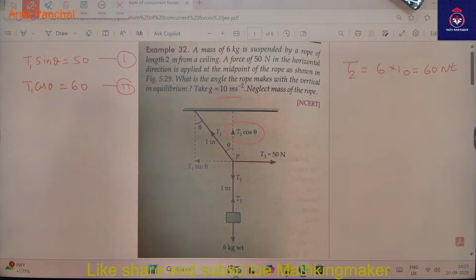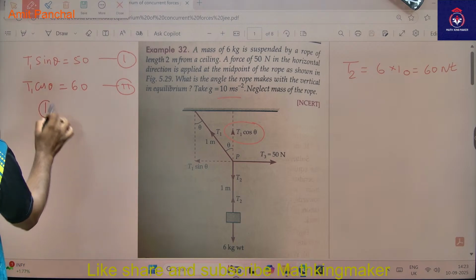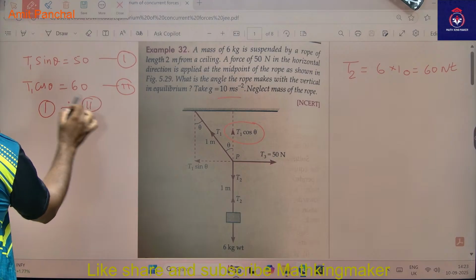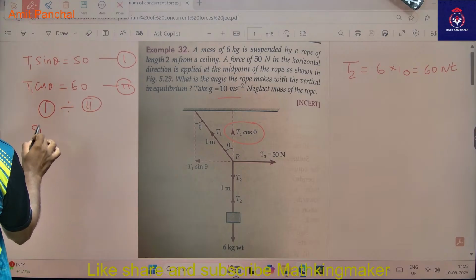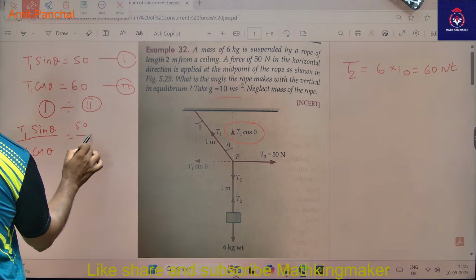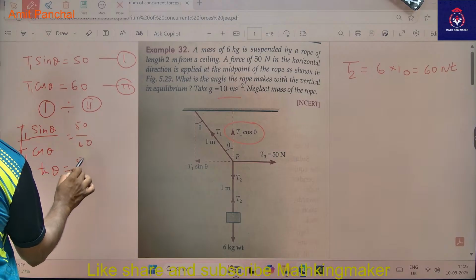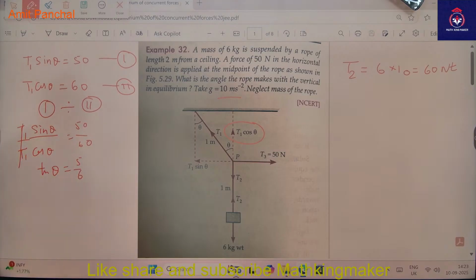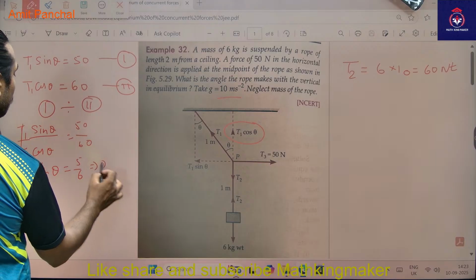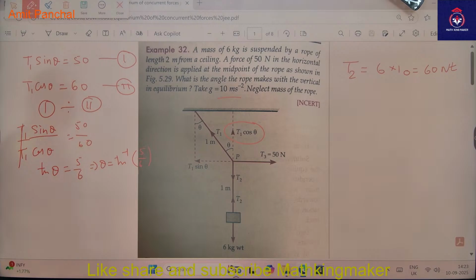Now if you divide these, what will happen? T1 cancels. So we'll get T1 sin theta by T1 cos theta equal to 50 by 60. T1 cancels, so your tan theta is 5 by 6. So theta is tan inverse 5 by 6. Got my point?